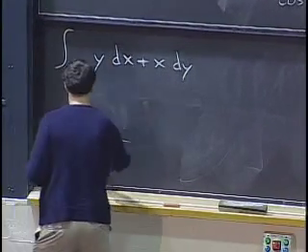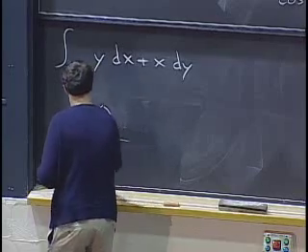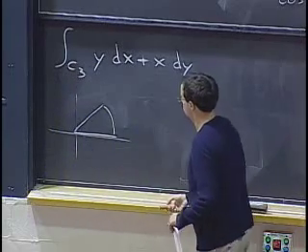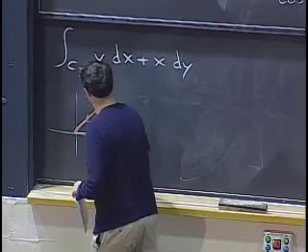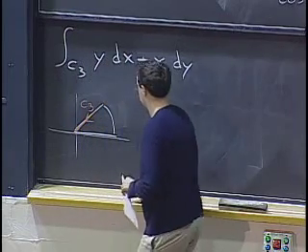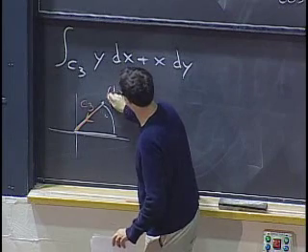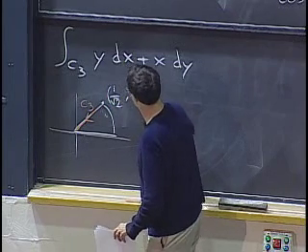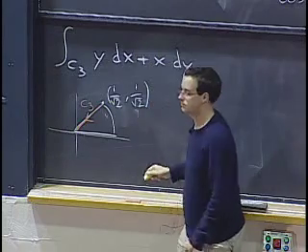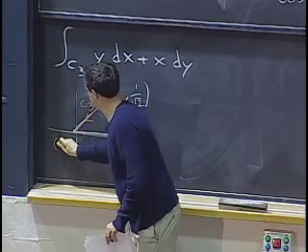So the third guy is when we come back to the origin along the diagonal. Okay, so we go in a straight line from this point. Where's this point? Well, this point is 1 over root 2, 1 over root 2. And we go back to the origin.